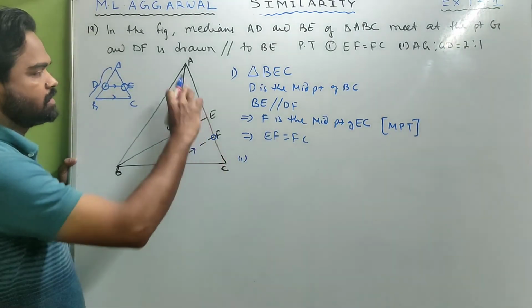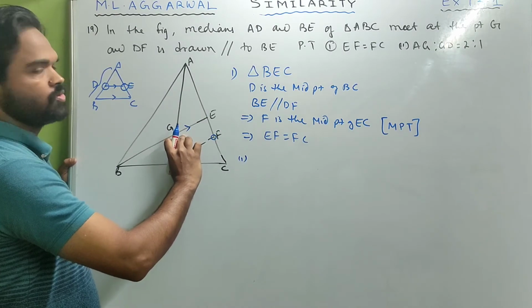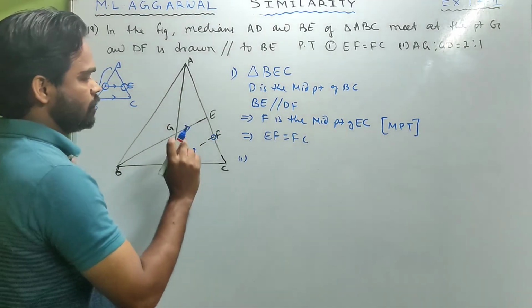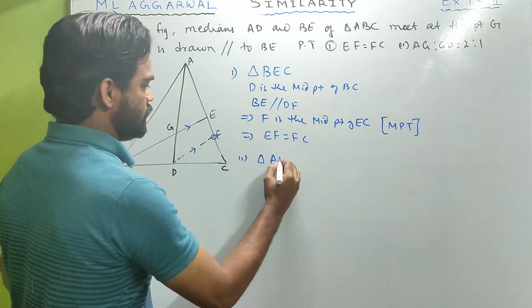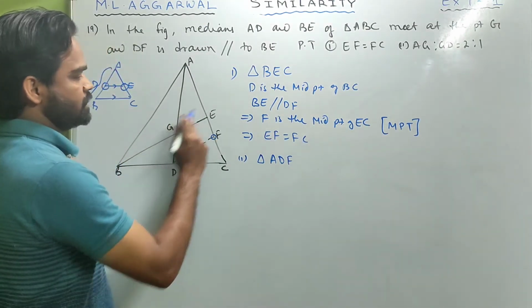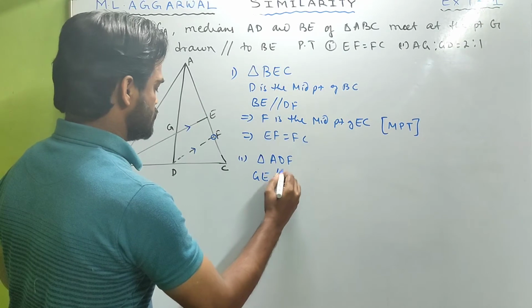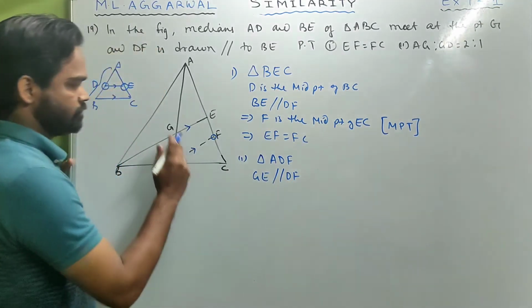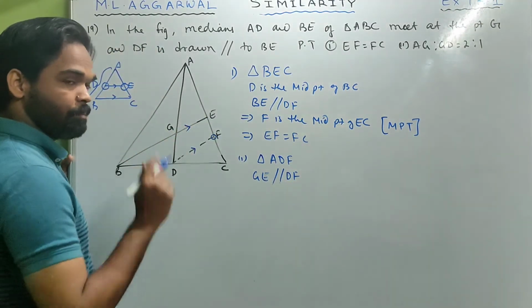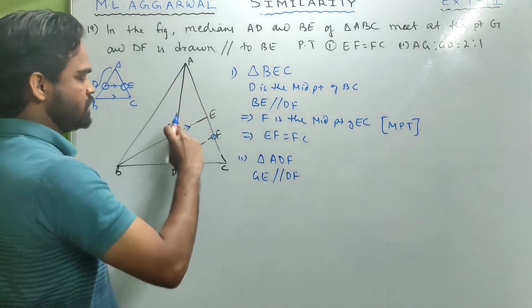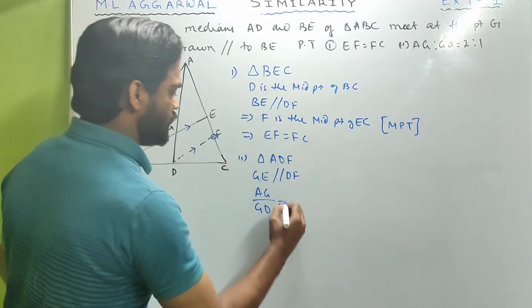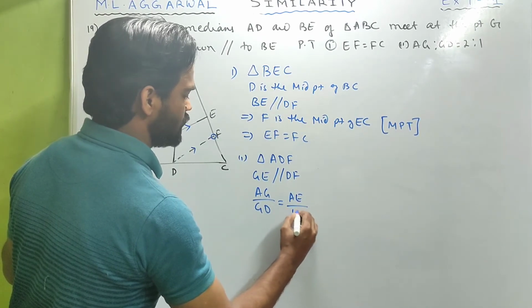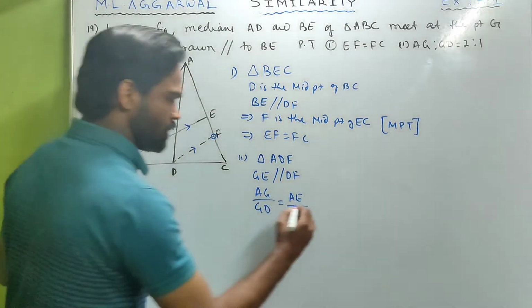Part 2. AG is to GD is 2 is to 1. Pretty easy. Look at triangle ADF. GE is parallel to DF, isn't it? So by the basic proportionality theorem, I can say AG by GD is equal to AE by EF. Now look carefully.